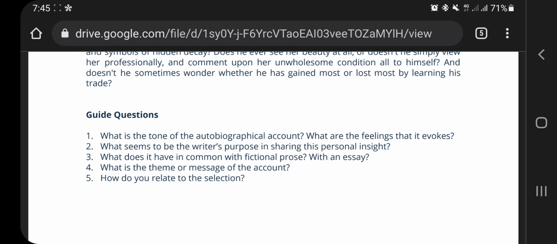What seems to be the writer's purpose in sharing this personal insight? And what does it have in common with fictional prose, such as an essay? Because if you can see the elements of that excerpt, it was talking about no clear character, no clear plot. However, the setting is very concrete, but then again, it was not relatable to us, as you can expect.